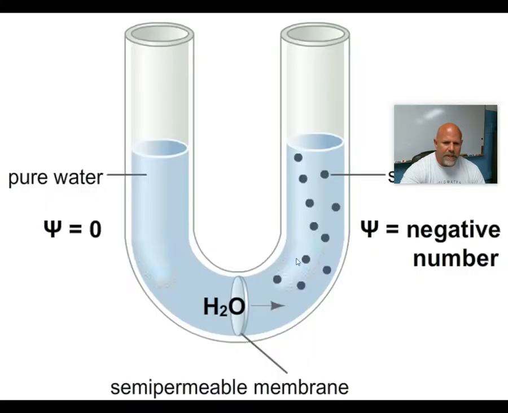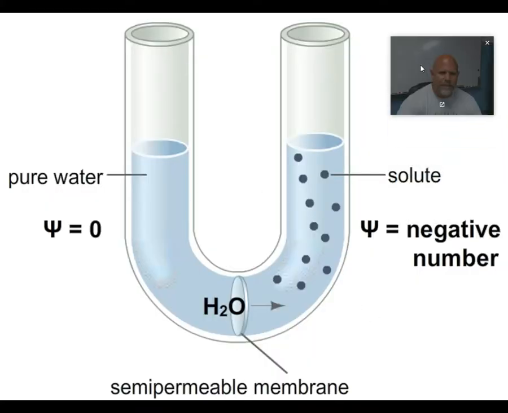All right, so let's think about this here for a second. If we have pure water on one side, it's going to have a solute potential of zero, so its water potential is 0 because there's no pressure. Open container, so solute potential and water potential are the same. And over here I have a solute dissolved, so now my water potential is going to be negative. Okay, so which way is water going to want to move?